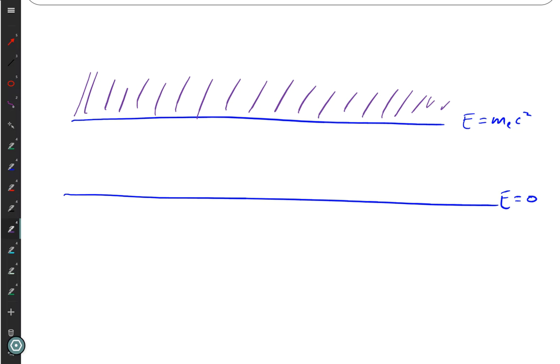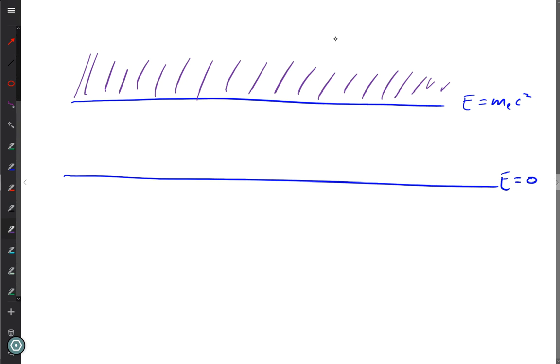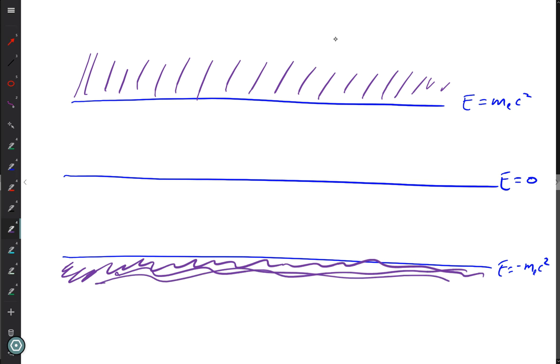And then he said, what if these electrons were actually created from a region down here that was initially completely filled. Now I made the top one look like it has lots in there. But you start with this region that's initially completely filled.